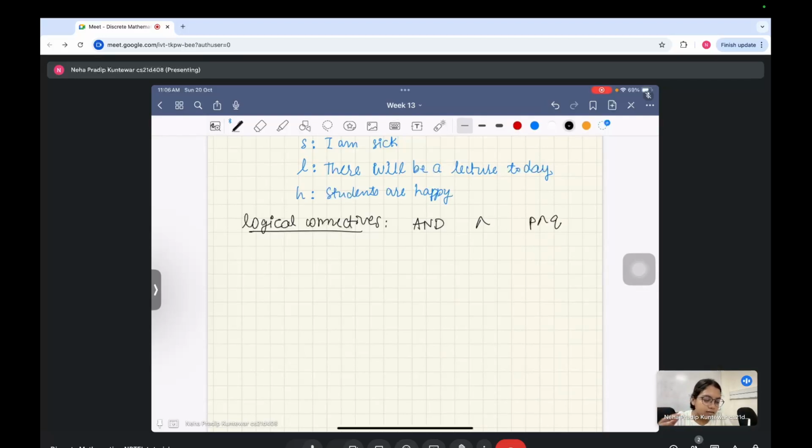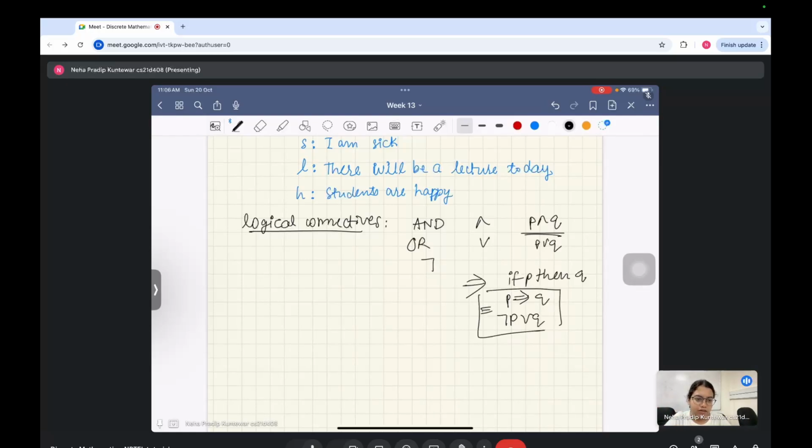Only then will this proposition take a value of true. Or it could be connected by an or, a negation, or an implication. What does implication mean? Implication means if P, then Q, and we can write it as P implies Q, and that is the same as negation P or Q. We know that these two are equivalent.